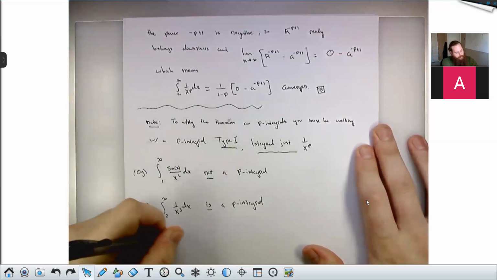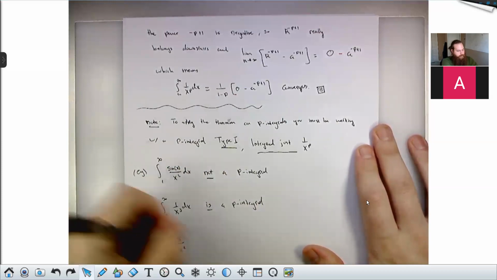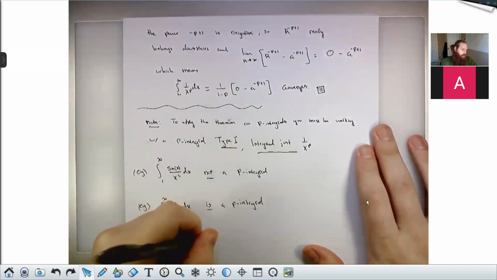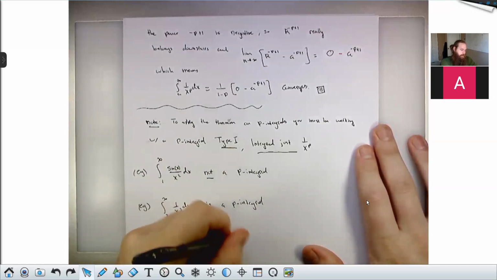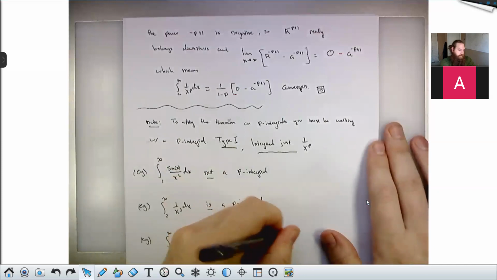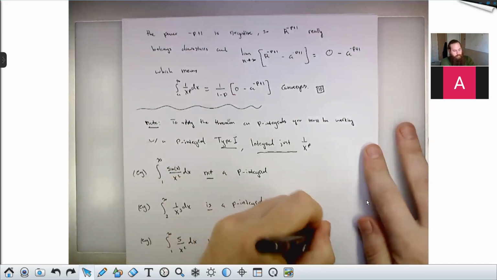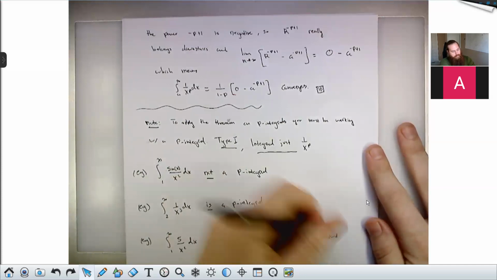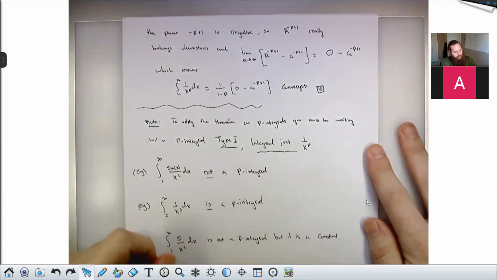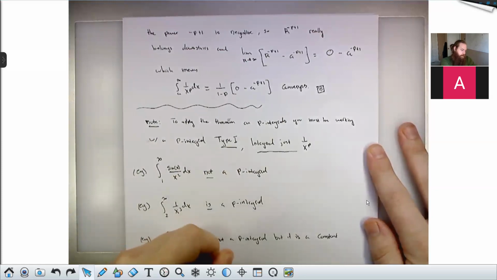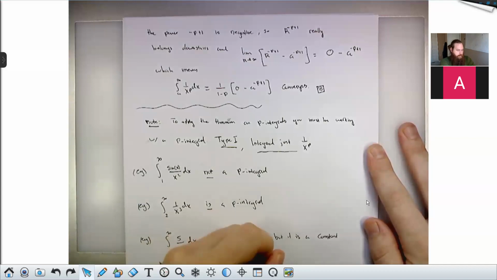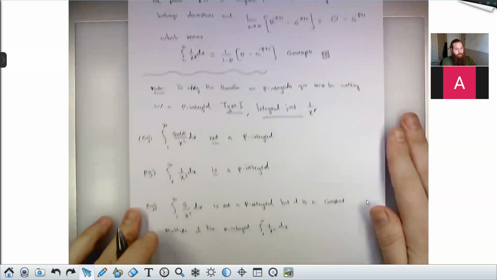Integral 1 to infinity 5 over x squared dx is not a p integral, but it is a constant multiple of the p integral, integral 1 to infinity 1 over x squared dx.